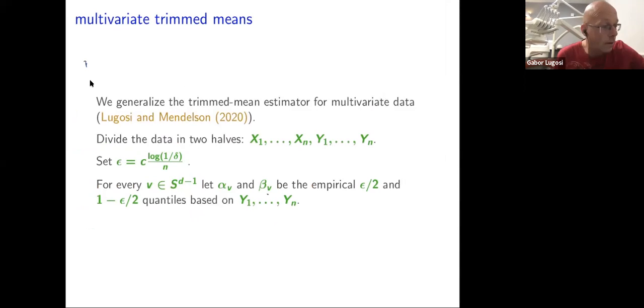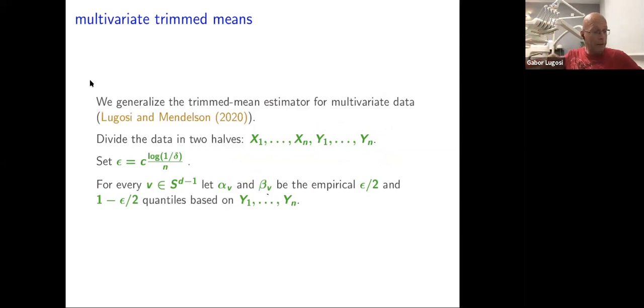The trimmed mean. So the trimmed mean can also be generalized to high dimensions, and this is a very natural estimator. So what we do, just as before, we divide the data into 2 chunks. We use the second half of the data to compute empirical quantiles, but now we do it on each one-dimensional projection.